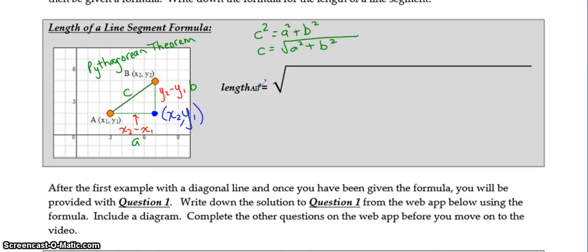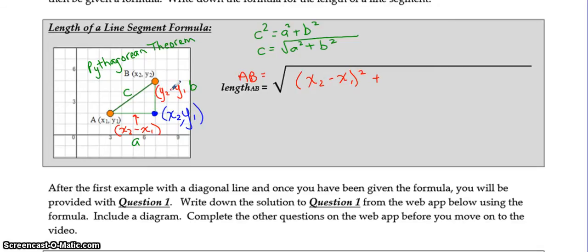So to find the length of AB, you're going to write length AB, or you can just write AB. Doesn't matter, either one. So that's what C is equal to. So the length of AB is equal to the square root of a squared plus b squared. A is x2 minus x1. So it's x2 minus x1 squared plus b squared.